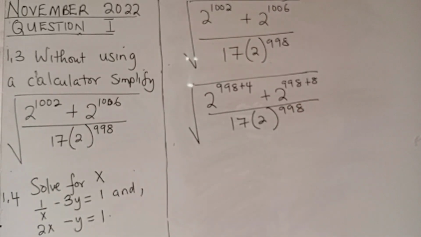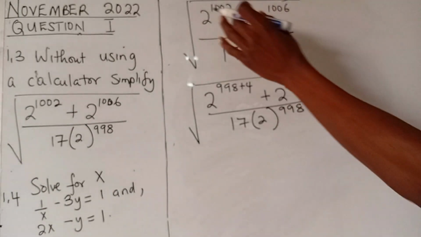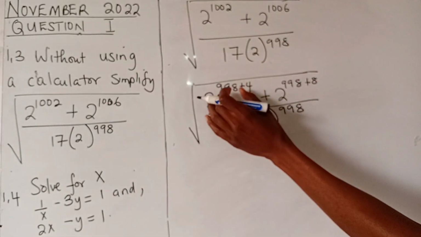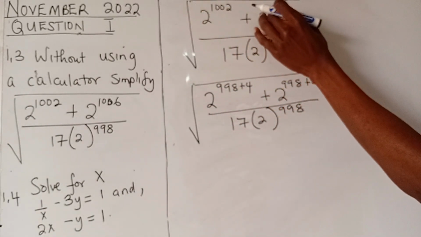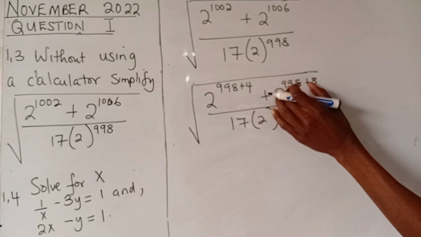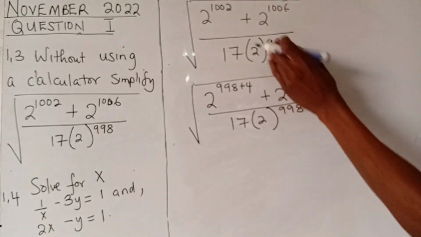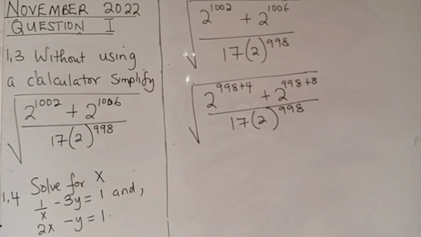So there's nothing that I have changed here. Here I have 1002, and if I add 998 plus 4, I get 1002. The same here I have 1006. If I add 998 plus 8, I get 1006. Then here I have 998.